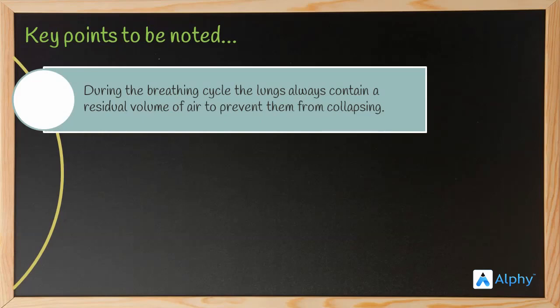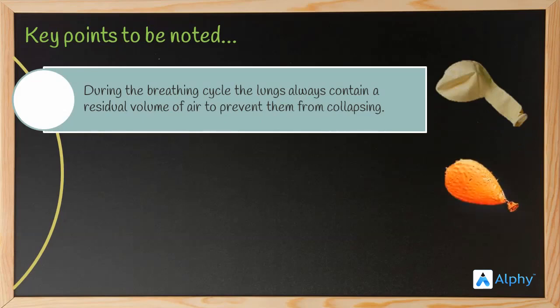To understand it, you can imagine the case of a deflated balloon. If you want to inflate it now, it will take a lot of effort, right? Because you have to blow air from the starting. But in another case, if you have a deflated balloon with a little bit of residual air or leftover air, you can inflate it by blowing a small amount of air in it with less effort, right?